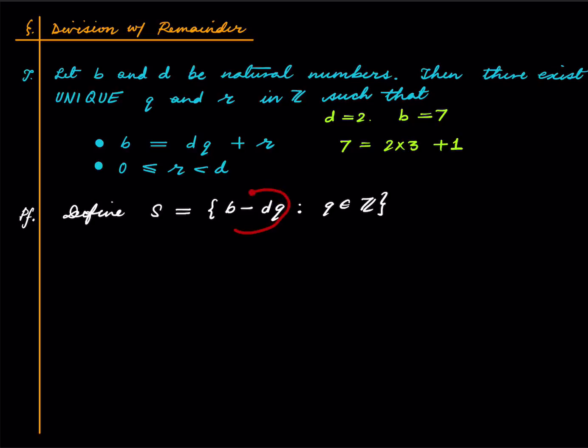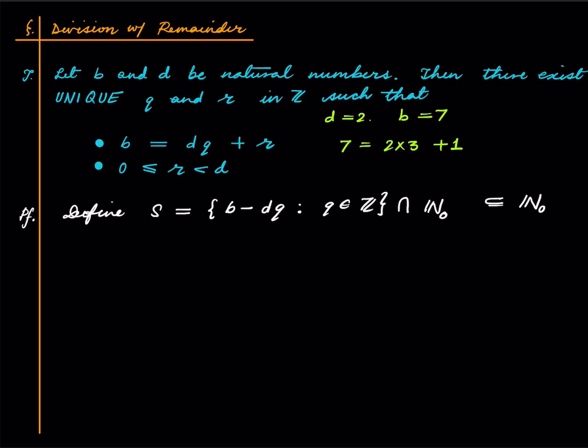In some sense, we are collecting all possible quote-unquote remainders, but we will be only interested in the non-negative ones. So basically, S is all these kinds of numbers that you can form when you choose an integer q, but you only collect those ones which are non-negative. You throw away the negative ones. So this is a set, and of course this is a subset of the set of whole numbers.